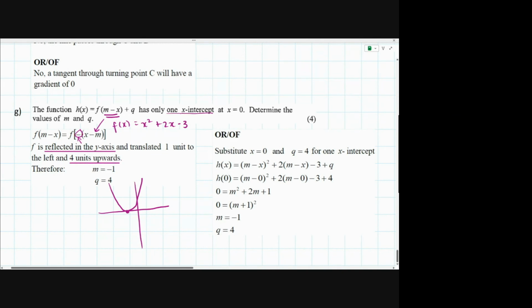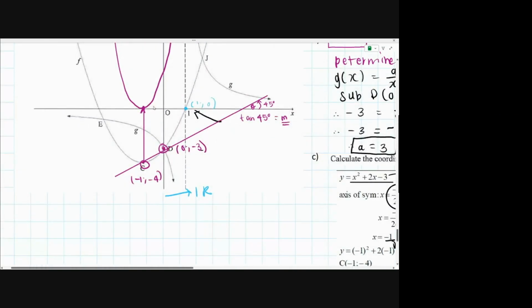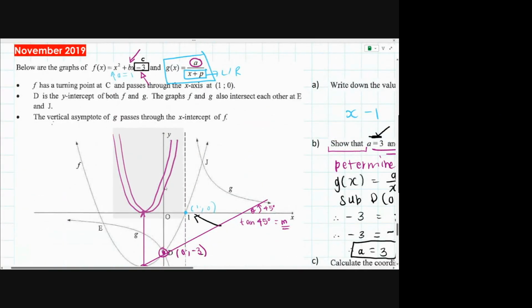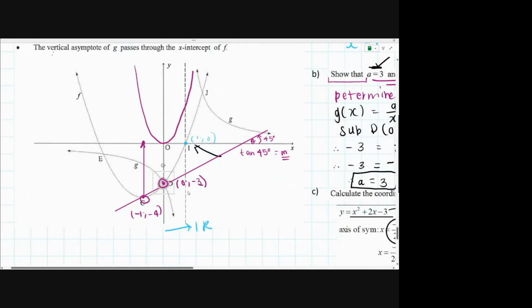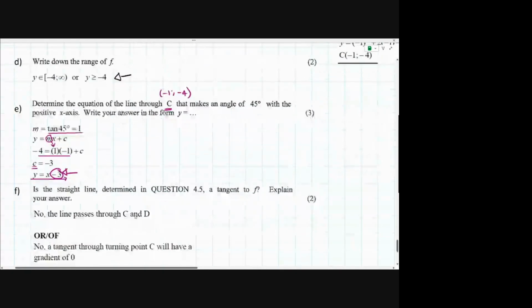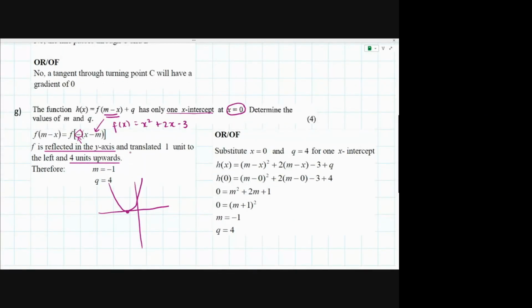It then goes on to say that that x-intercept is specifically at 0. So if we go back to our graph, this graph now has to move over to intercept at the origin. In order for my graph to move over, it would need to go from -1 to 0, which is a shift left by 1 unit. And so this is why it tells me it's also shifted 1 unit to the left.